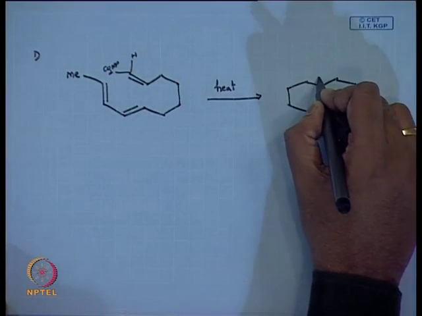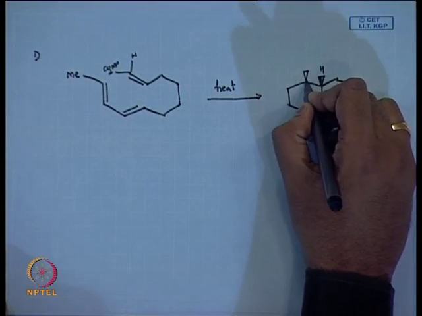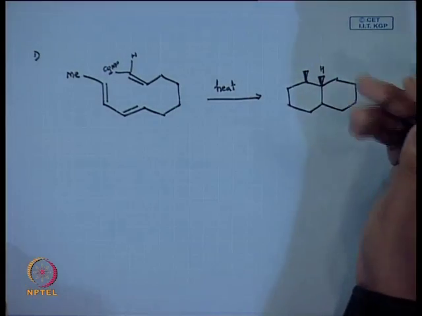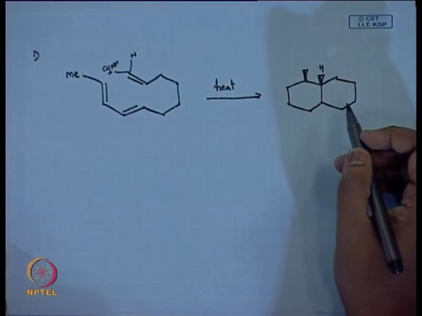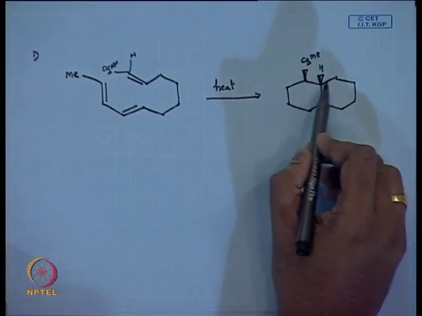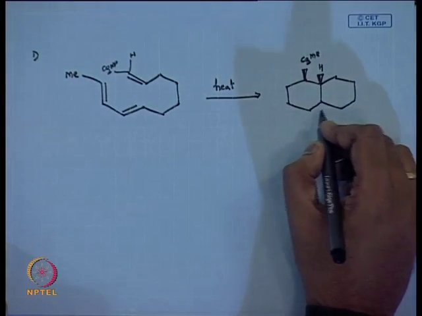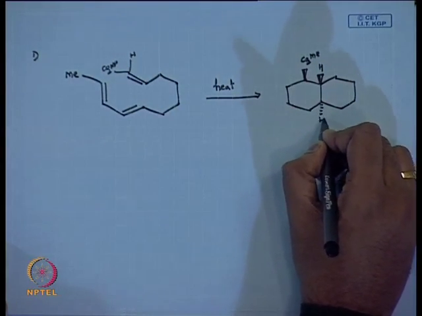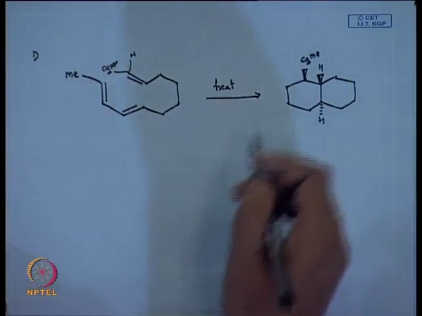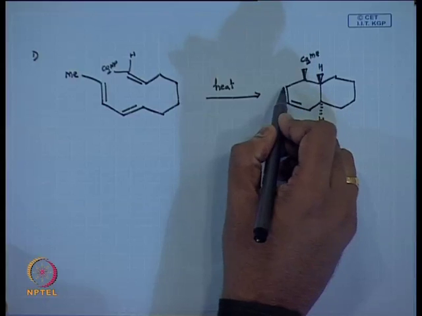If I have a hydrogen this way, then my CO2Me also should be on the same side. That is what we have studied in our earlier example. Both should be cis when you have a system like this, this junction should be trans, and your methyl should be in the same direction as your CO2Me.